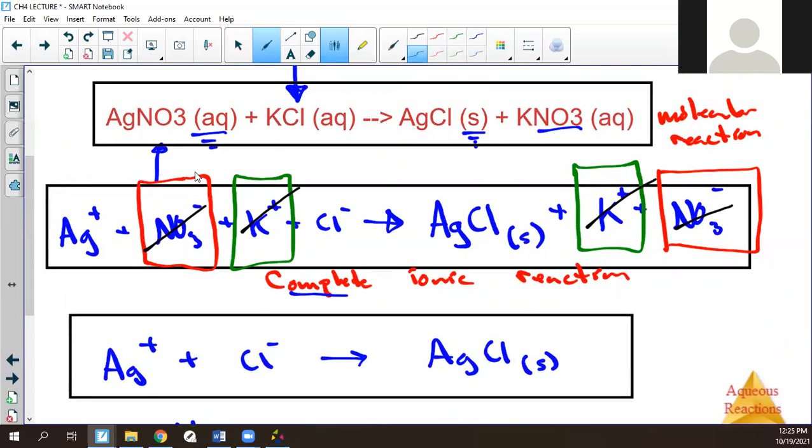These things right here, K and NO3, are called spectator ions. Yep. Spectator ions are the species that are not part of the precipitate or part of a solid on the left. It's a little tricky, but they're the ones that don't change at all in the reaction.